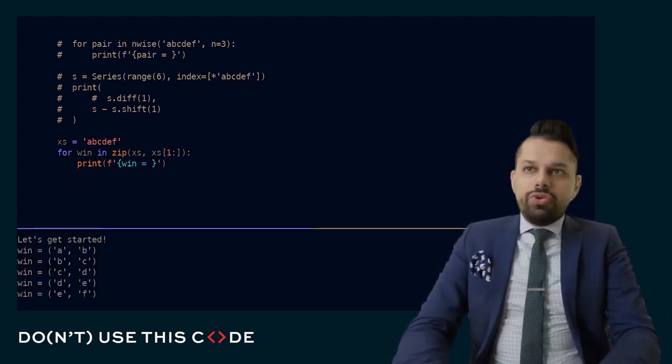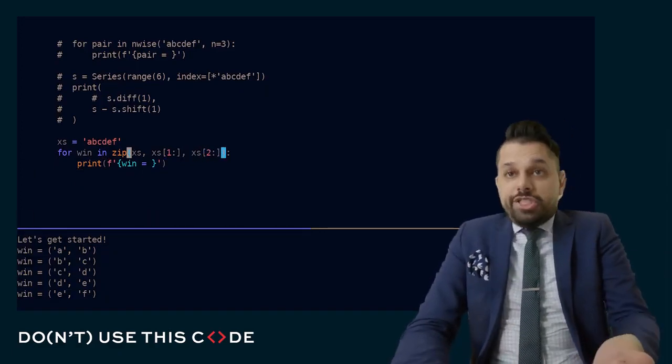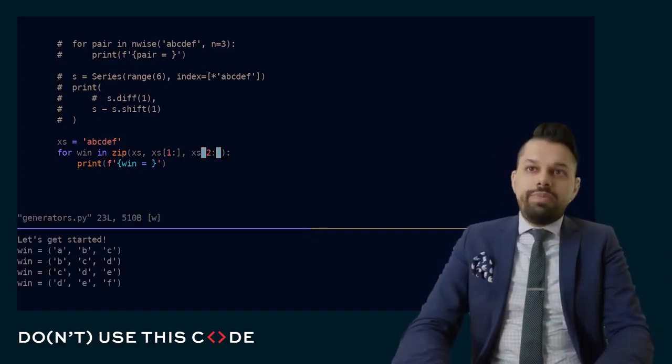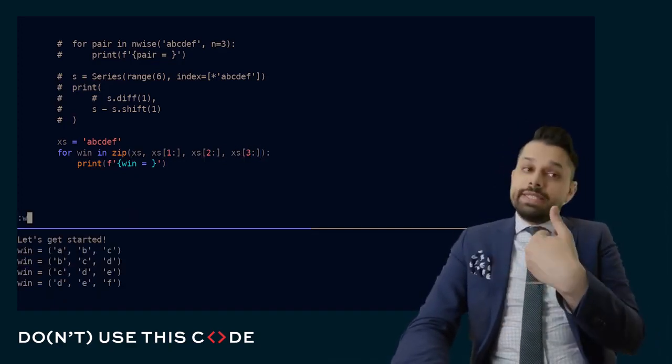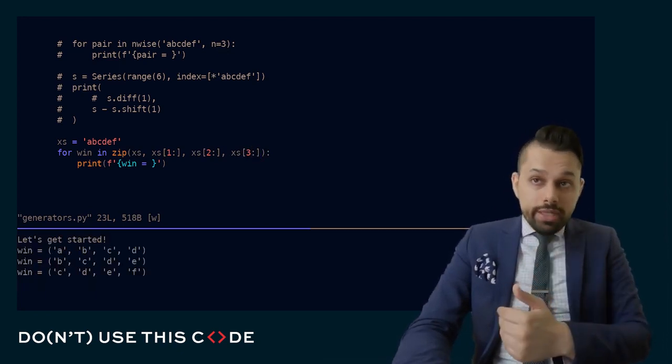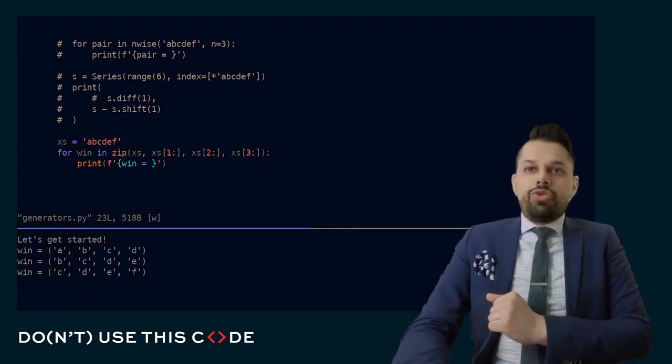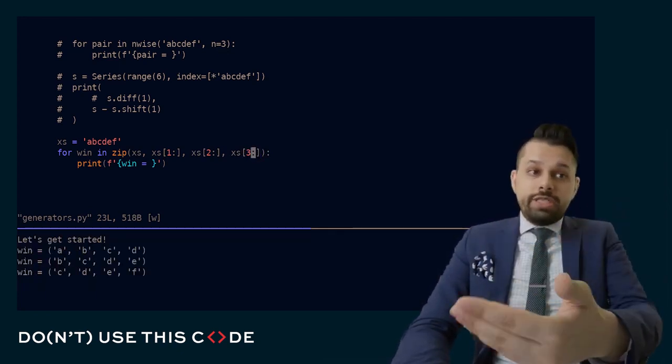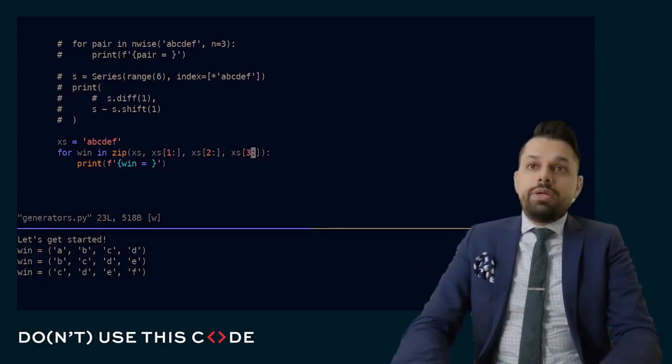And if you want to do this with windows of some larger size, say 3 elements, you just repeat this by slicing off more elements from the beginning. And if you want to keep doing this, you can just keep doing this. And part of the magic is that zip ends at the shortest of these 3 or 4 or 5 or 6 or 7 copies of the same underlying data.